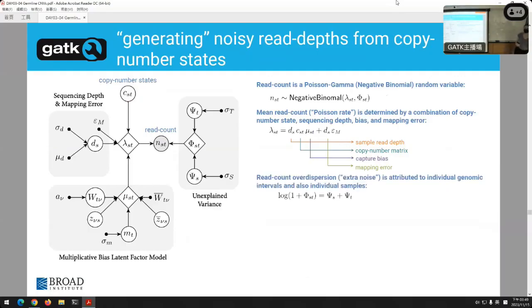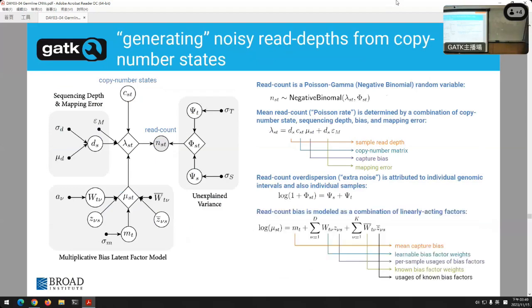We can write an equation that says that read count over dispersion, which is just extra noise that we weren't able to model with other variables, varies depending on the genomic interval and the particular sample. And our read count bias is a combination of both known and unknown latent factors, which have different weights in different individuals and different genomic intervals.